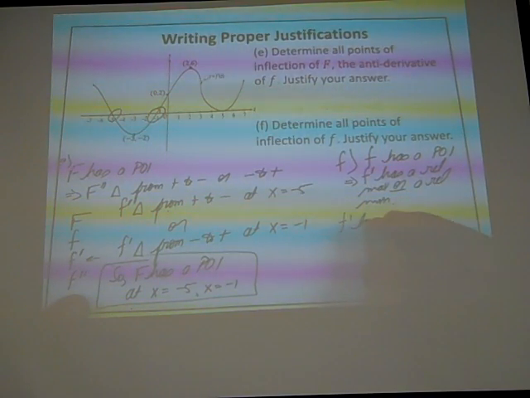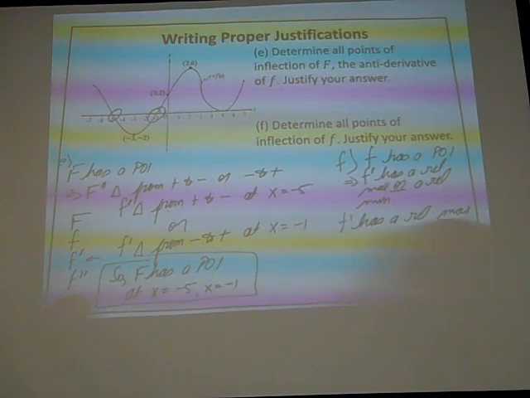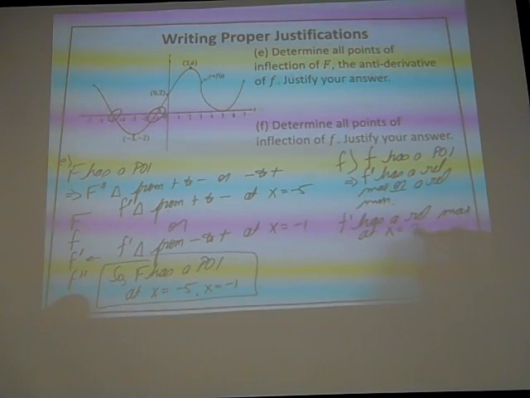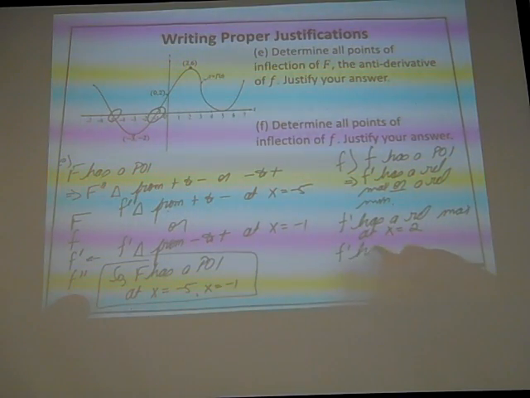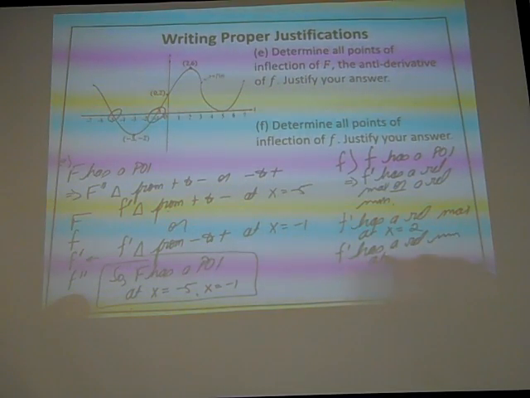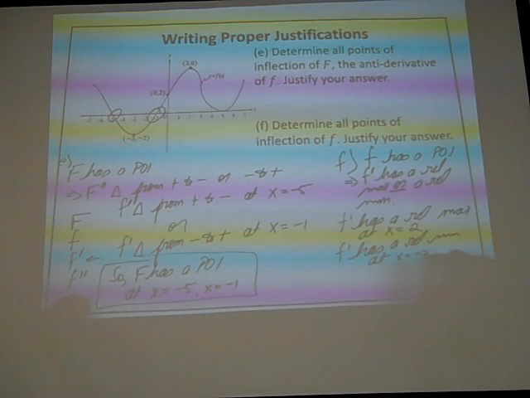F prime has a relative max where? I can look at the graph and I can see f prime has a relative maximum at x equals 2, and f prime has a relative min at x equals -3.